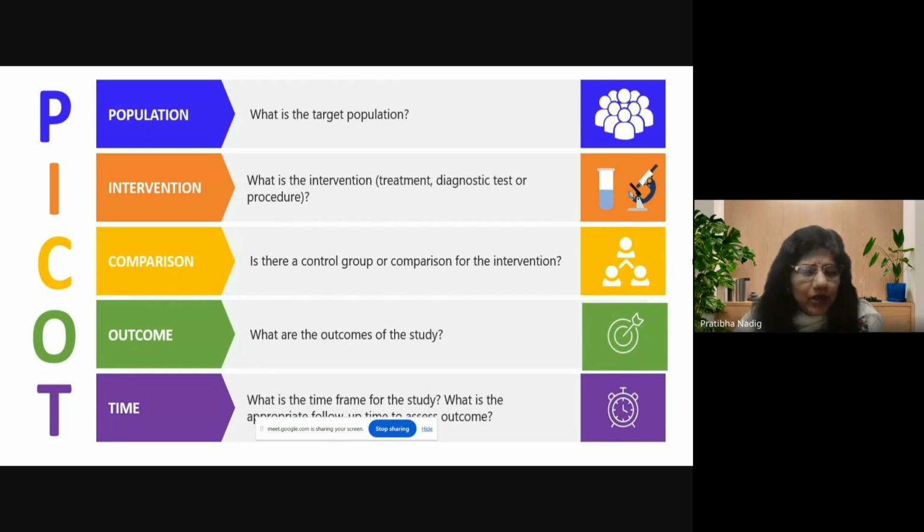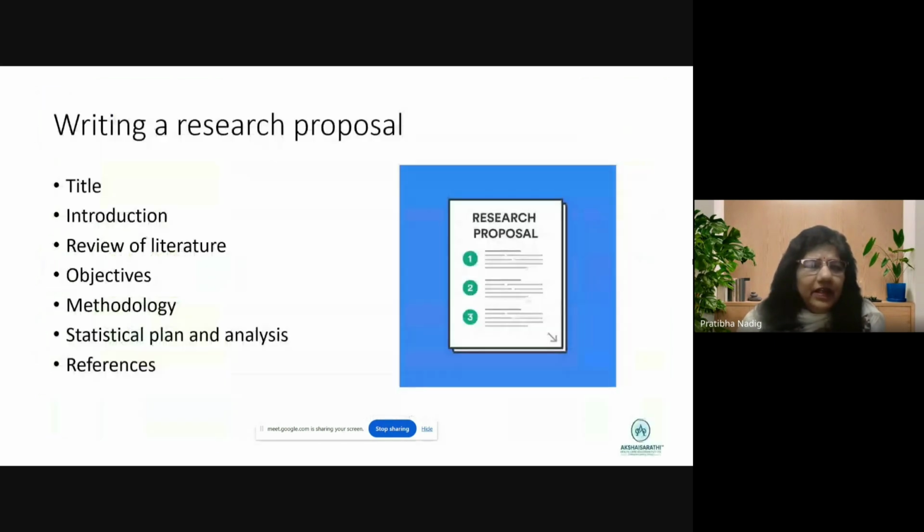So there is no control group. What are the outcomes of the study? We define it: how many out of so many studied, what is the percentage of diabetics who develop complications. What is the time frame? We define the duration of the study and the outcome. So this is the PICOT criteria for defining a research question.